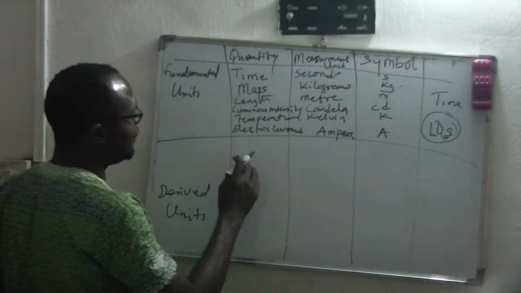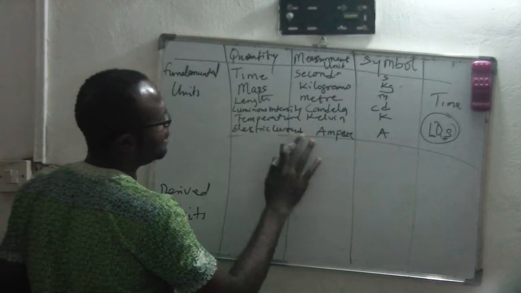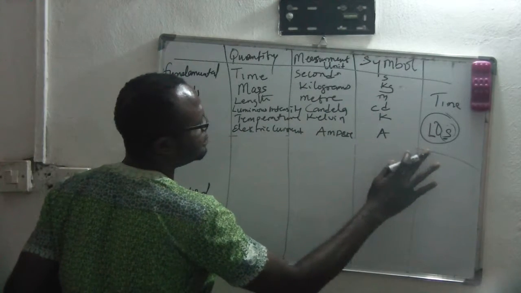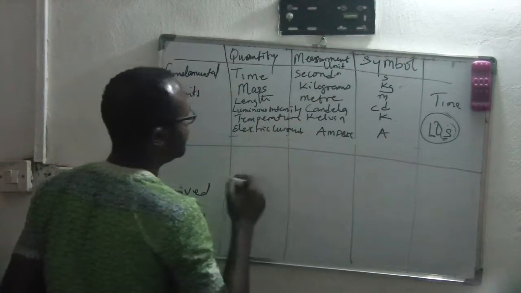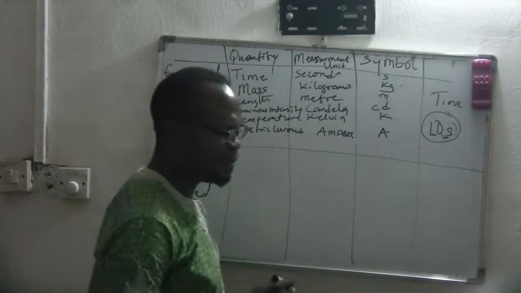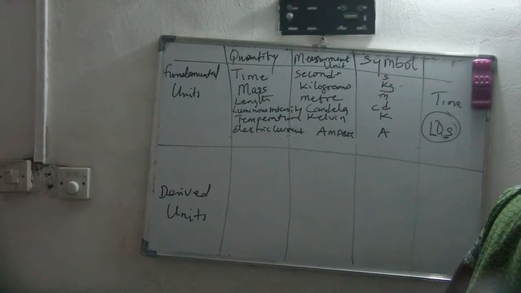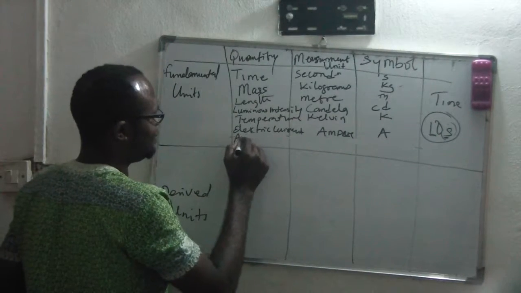We also have one other fundamental quantity. What's the name of that fundamental quantity? Temperature we've already mentioned. Amount of substance, that's the last one.